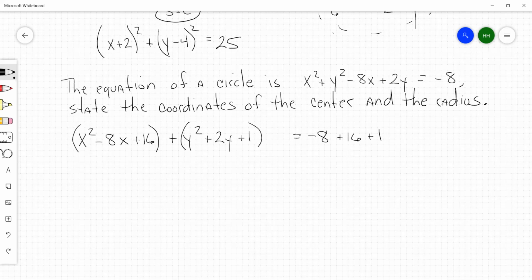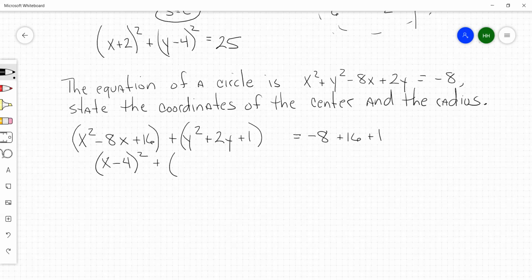Now, the same half of this middle becomes your factor, okay? This x squared minus 8x plus 16 is equal to x minus 4 squared. Plus this y squared plus 2y plus 1, you took half of this positive 2 and you squared it.